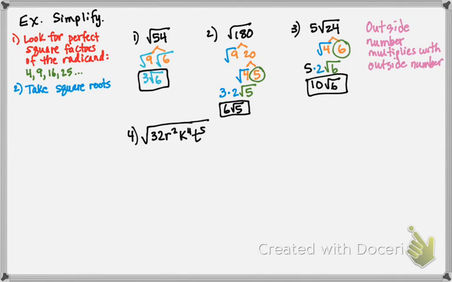So this problem, we've got the square root of 32r squared k to the 4th t to the 5th. So the deal with the exponents, they are very interesting little guys. So exponents group into even numbers.